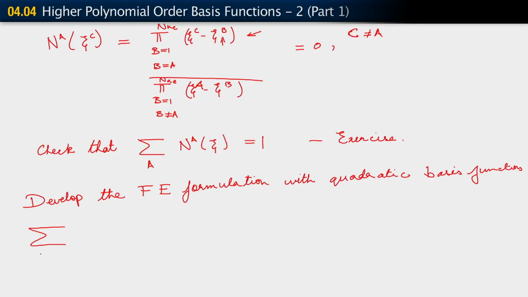Okay, so we have the sum over E going from 1 to the number of elements, integral over omega E, w^h comma x, sigma^h A dx. And we recall that sigma^h is given to us through the constitutive relation, which is E times u^h comma x.